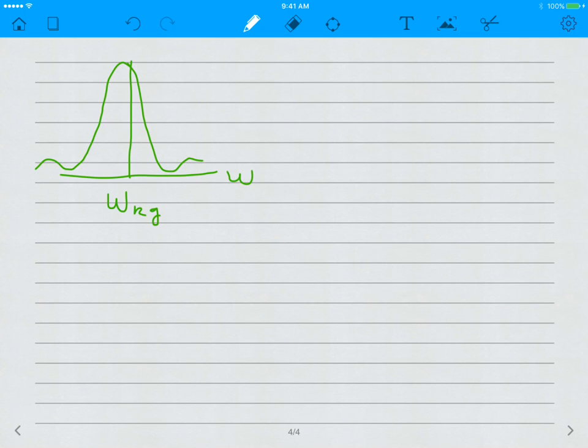And so the probability of the system being in state k is the sinc function of omega minus omega kg.